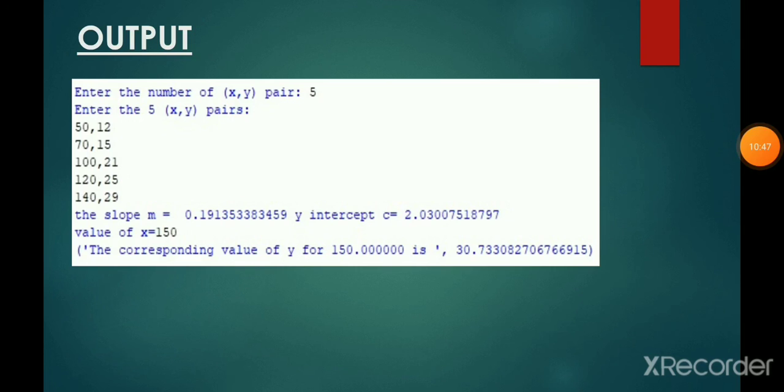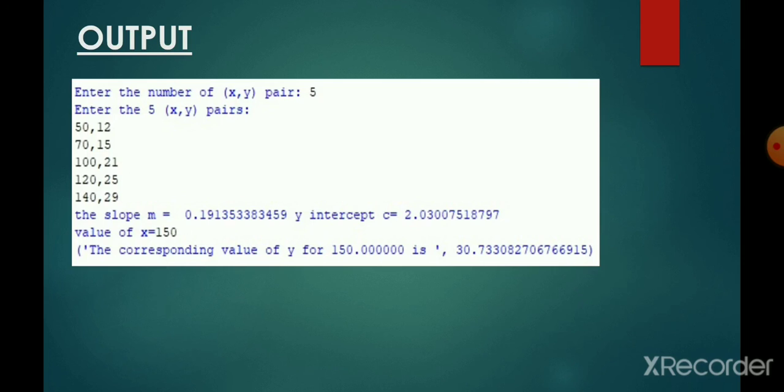The output is given. Enter the number of xy pairs, here there are 5 pairs, that are entered one by one: 50, 12, 17, 15, 100, 21, 120, 25, 140, 29. Then the slope m is computed by the Python program, and the y-intercept also.